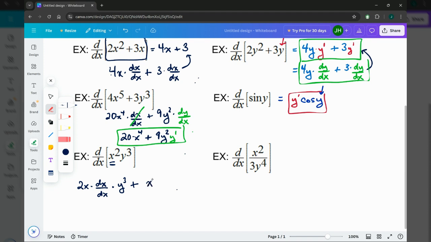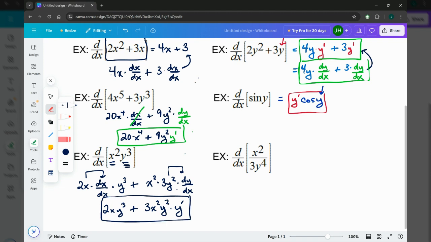Now I'm going to take x squared and I'm going to multiply by the derivative of the second part, which is 3y squared, but the derivative of y with respect to x, I've got to multiply by that because of the chain rule. Now you notice here when I multiply by the derivative of the inside, it doesn't give me anything. It just gives me 1. So my answer over here is 2x y cubed plus 3x squared y squared times dy dx, or y prime. And I usually write y prime because it's a lot faster.